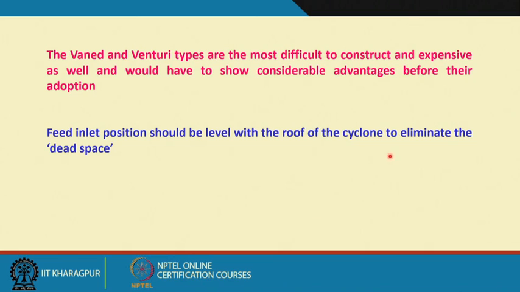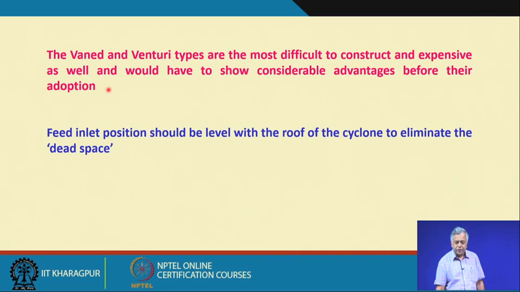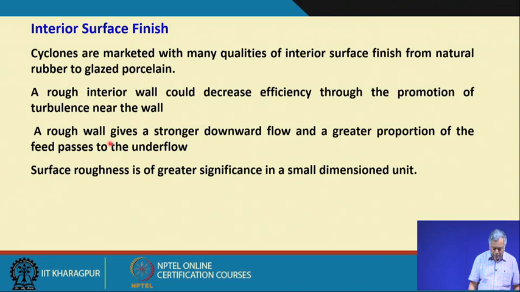The veined and venturi types are the most difficult to construct and expensive as well, and would have to show considerable advantages before their adoption. So, they are not that popular yet, but people have tried. Feed inlet positions should be level with the roof of the cyclone to eliminate dead space. These are all very technical details, you do not have to worry much about this.